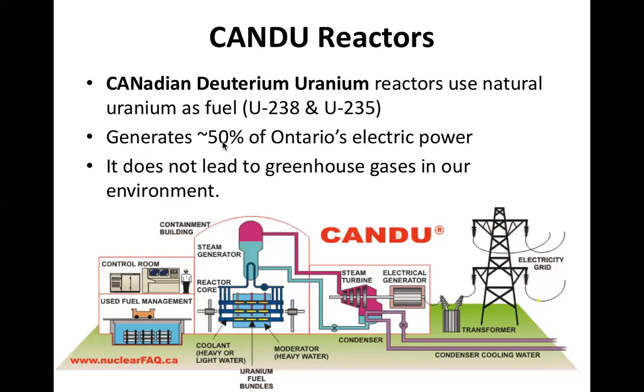This number is a little bit outdated. And there's been increasing use of nuclear reactors to satisfy Ontario's energy demand because it does not lead to greenhouse gases in our environment. And as I'm hoping you are aware, the climate crisis is a big enough issue that we need to be switching to other better options to combat climate change.